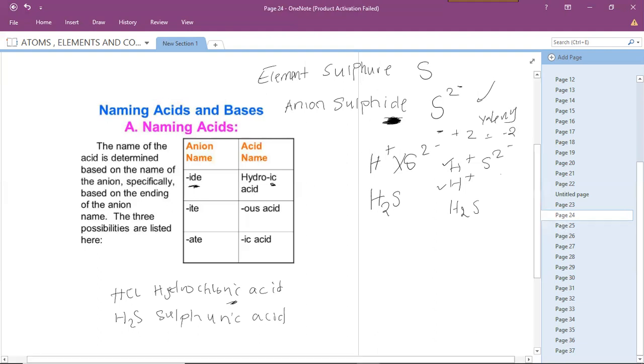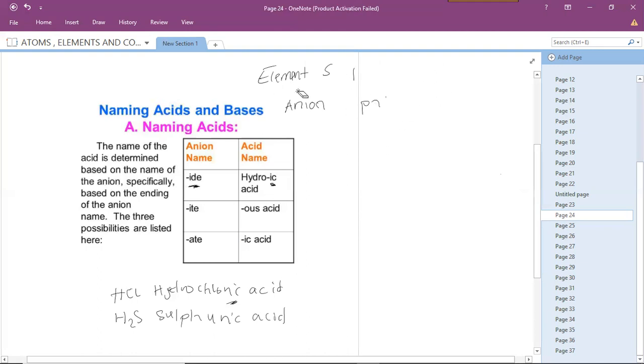So remember, to name an acid, we look at the anion. The anion is going to determine what type of acid it's going to be called. So let's take, again, a polyatomic anion, those radicals that I told you to memorize. Let's say sulfate, SO4 2 negative.